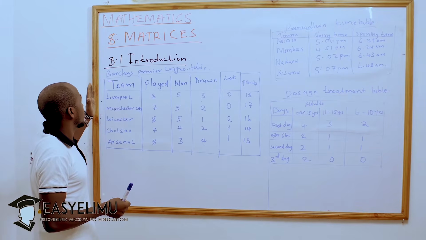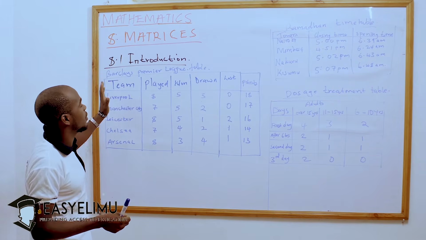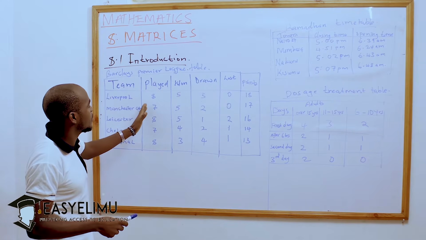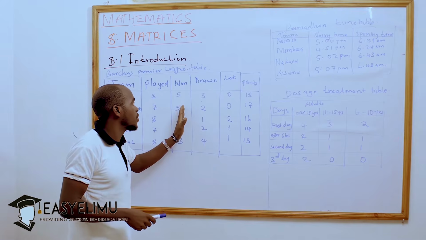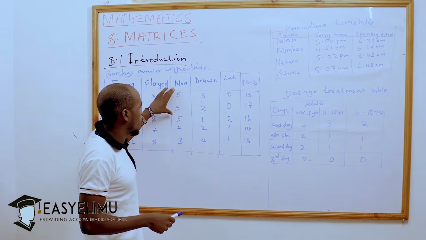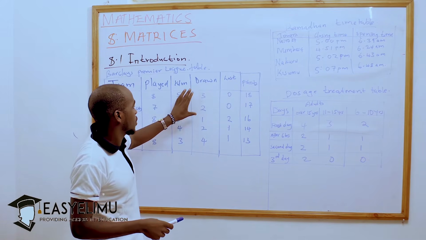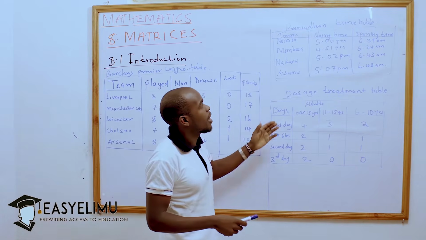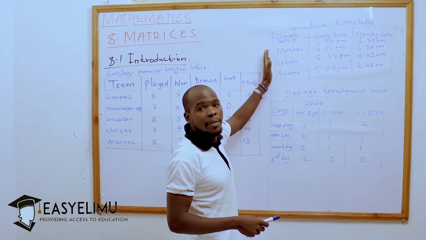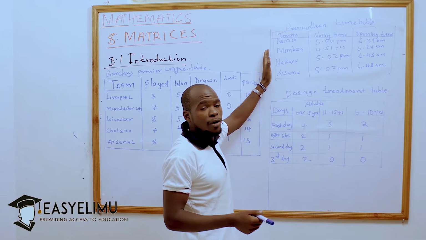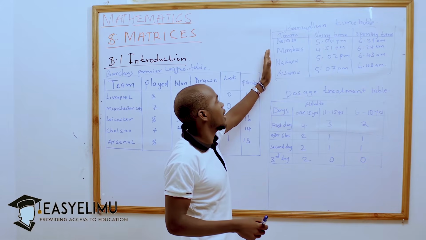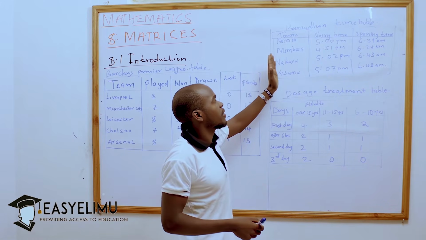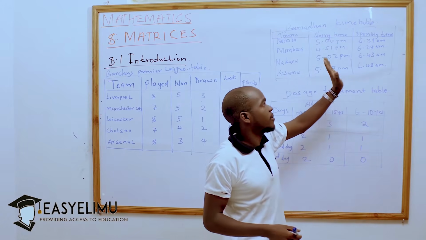We saw that after playing, the teams played this number of games. These are games played, the games each team won, then the draws, losses, and the points of that team. Now we have seen another table, a Ramadan table in Kenya for a certain year, and given the towns, we have different closing times and opening times.